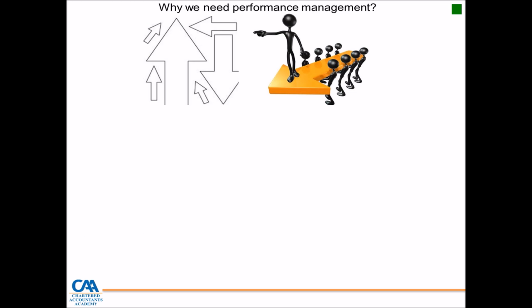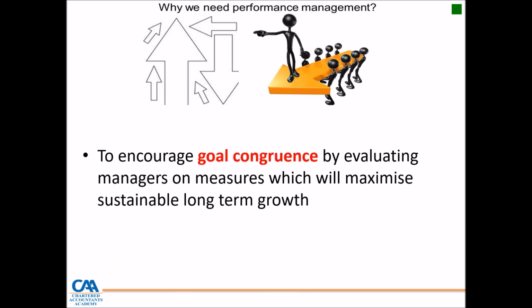Now, why do we need performance management? First of all, to encourage goal congruence by evaluating managers on measures which will maximize sustainable long-term growth. Due to the sizes of entities, they are often divided into separate independent divisions, but many may act in the best interests of the division and not of the company.